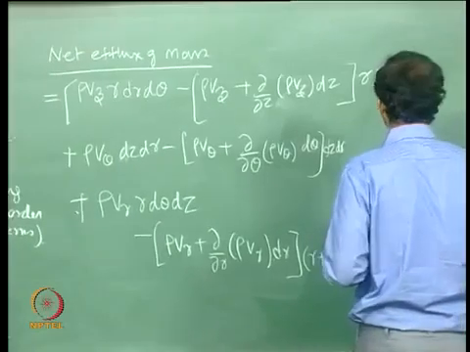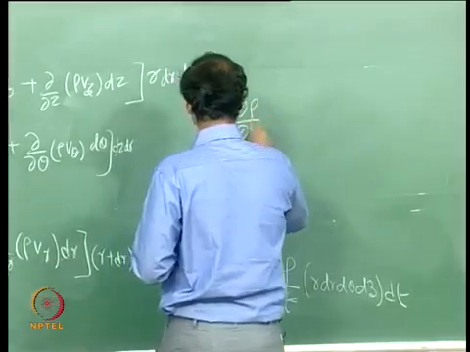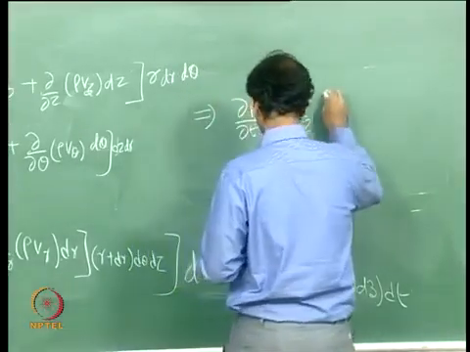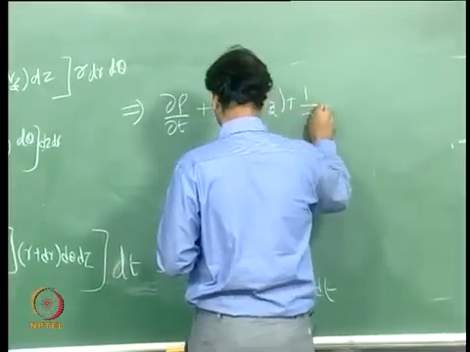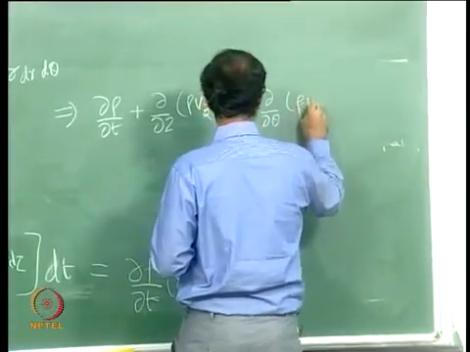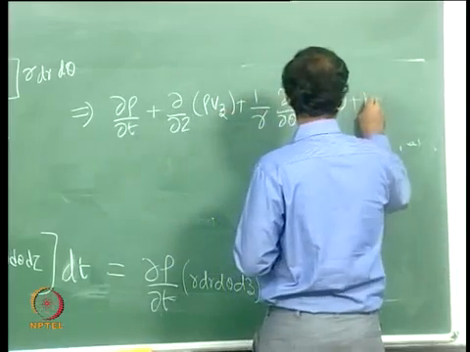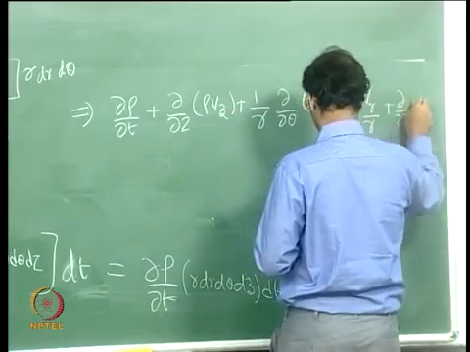If you do that, you will end up with the final expression, which will be d rho by dt plus d by dz of rho vz plus 1 by r d by d theta into rho v theta plus Vr by r plus d by dr of rho Vr.